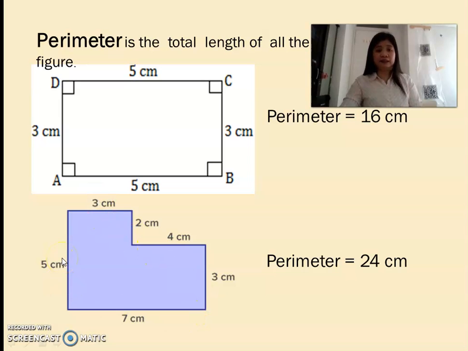There are 6 sides, so we count the total length of all the sides around the figure. So 3 plus 2 plus 4 plus 3 plus 7 plus 5, we come up with 24 centimeter. Now, that's all for area and perimeter.